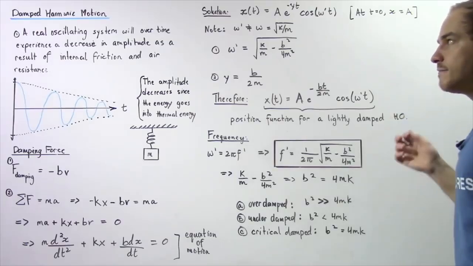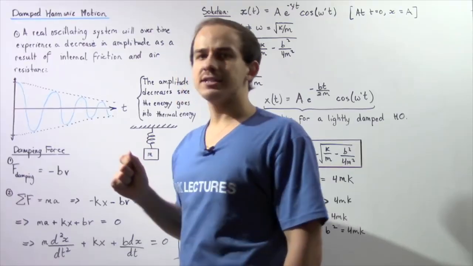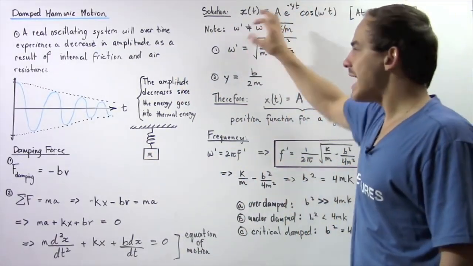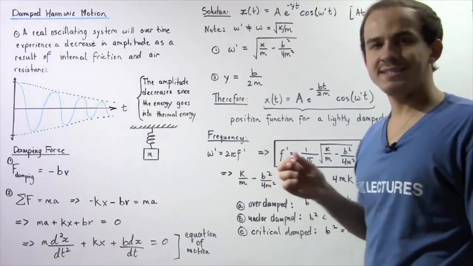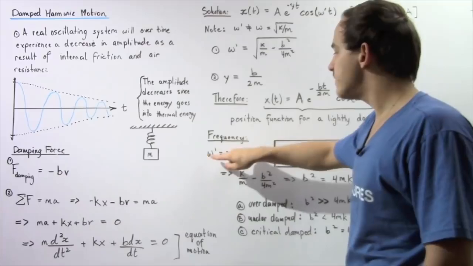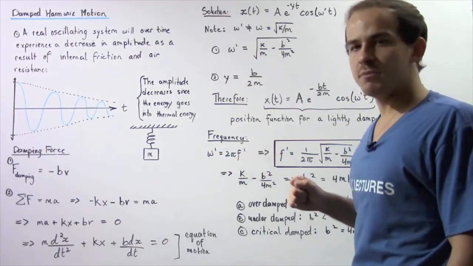Now, let's try to find what the frequency is of our object undergoing damped harmonic motion. Recall that our angular frequency omega is equal to 2 pi times the frequency. So we have omega prime is equal to 2 pi times the frequency prime.